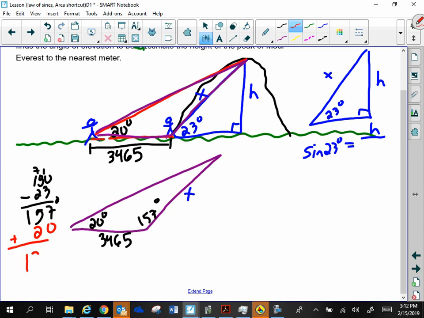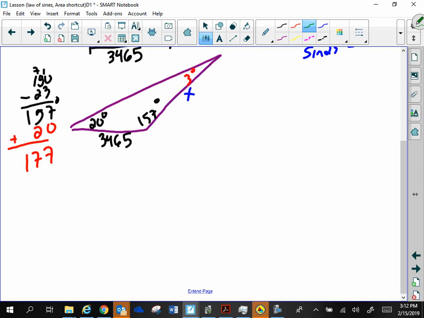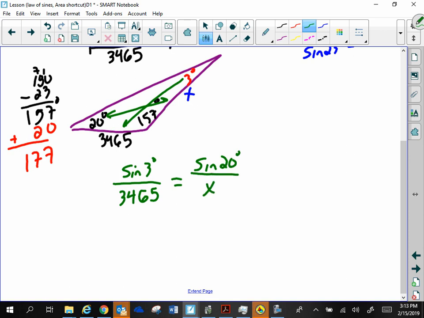I get 177 degrees, and that leaves me with a 3-degree angle right up here. Now I have a set ratio I can use: the sine of 3 degrees over 3,465, and I can also do the ratio of the sine of 20 over x.